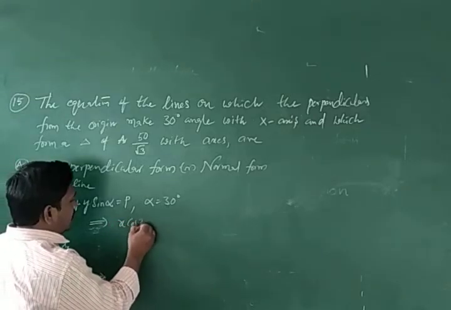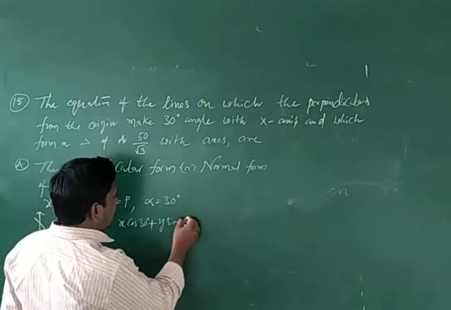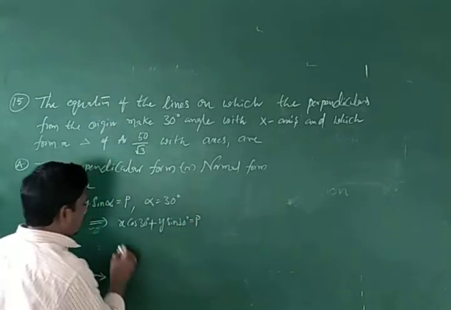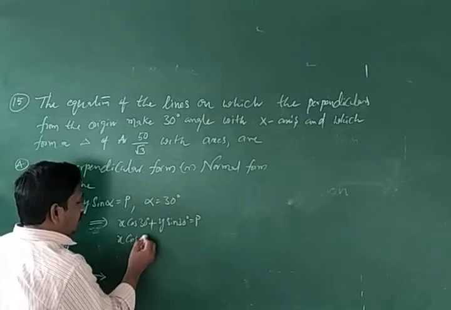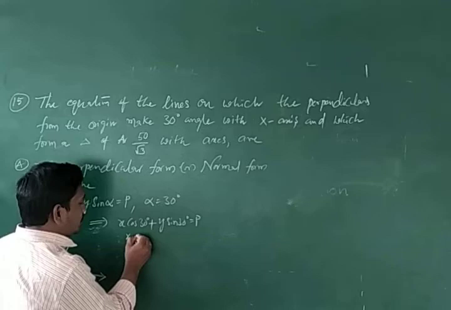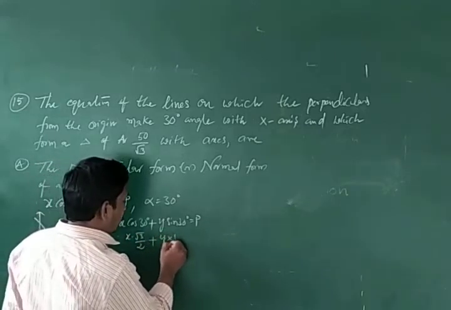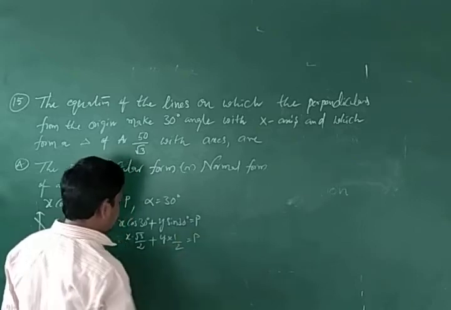x cos 30 plus y sin 30 equal to p. Cos 30 value, x into root 3 by 2 plus y into 1 by 2 equal to p.